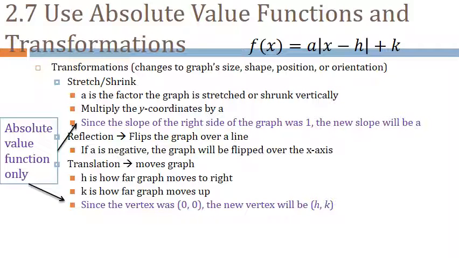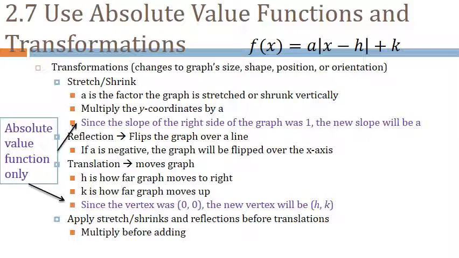Since the vertex of the simplest one, y equals absolute value of x, was 0, 0, the new vertex will be over h and up k, or h, k. In general, you apply the stretches, shrinks, and reflections, so anything with the a, before the translations, because order of operations says multiply before adding.